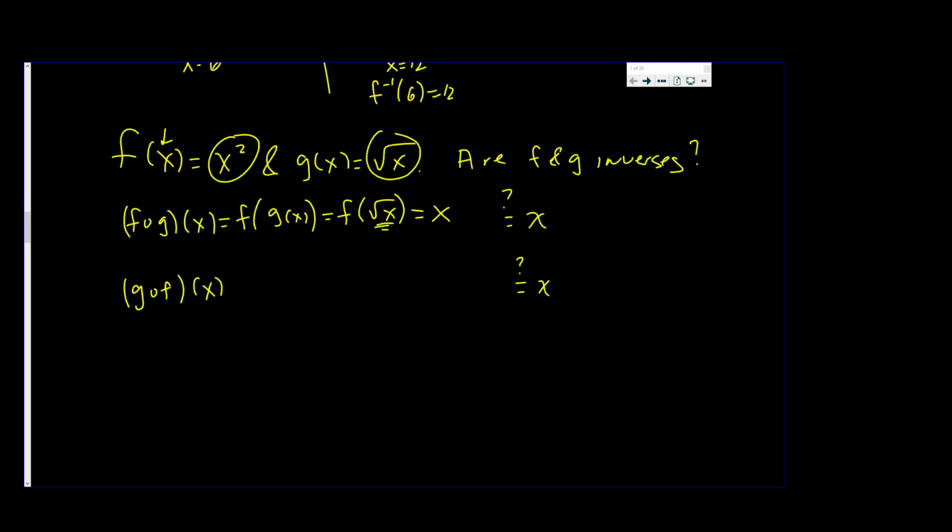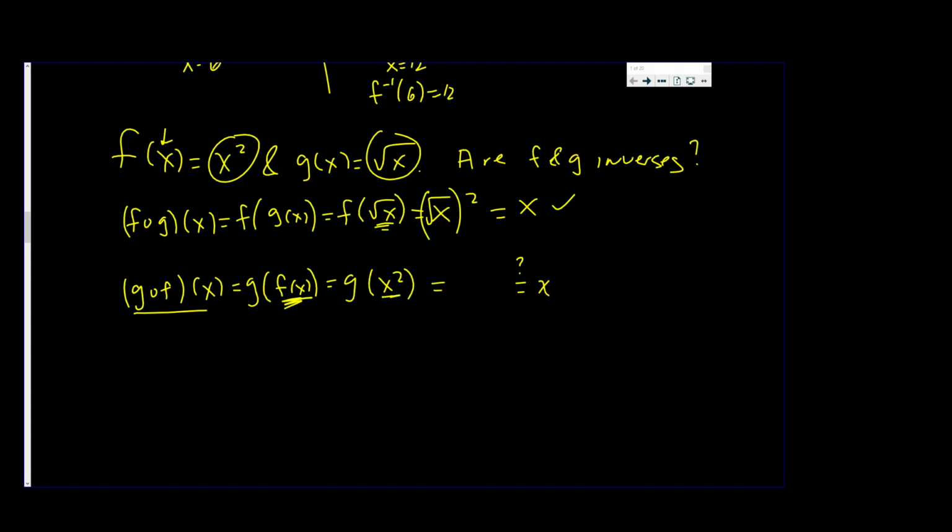So if you plug this in, you're going to get the square root of x, quantity squared, which does equal x. Okay. So that's good. It's looking promising. This is equal to g of f of x. And before I can do g of that, I need to know what that is, and that's x squared.